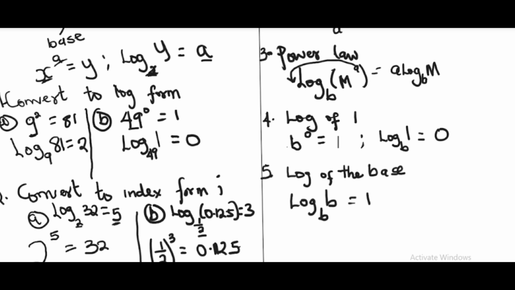Now remember in indices that if I have b raised to the power of 1, that anything raised to the power of 1 remains that value or that number, right? B raised to power 1 means b multiplying itself once, which will still give you b. So that means that the log of b in base b is 1. So any log in its base will give you 1, and that is log of the base. So kindly note that any log in its base is 1.